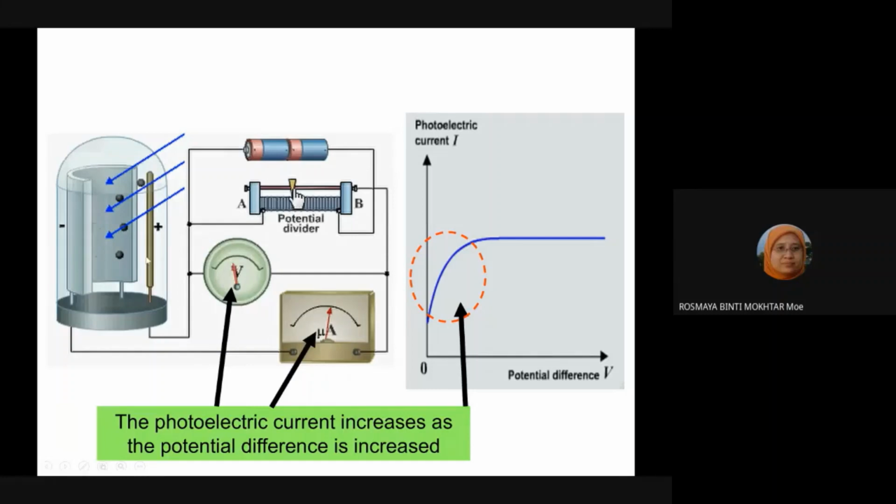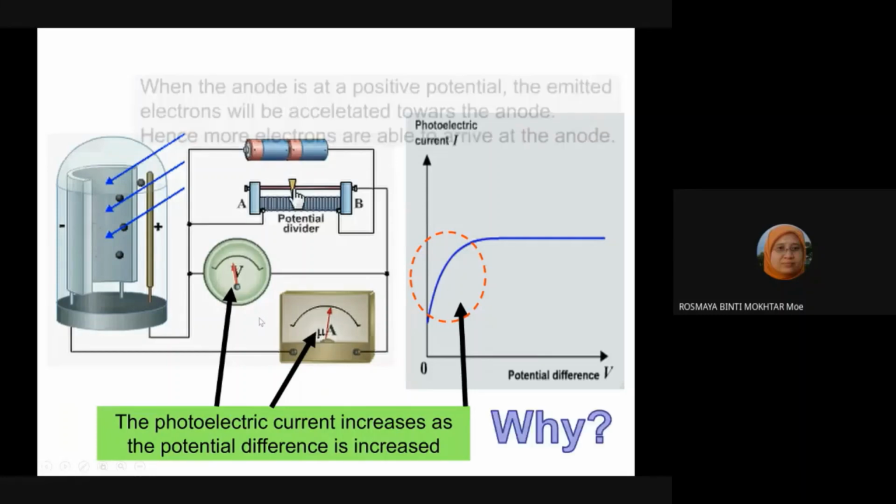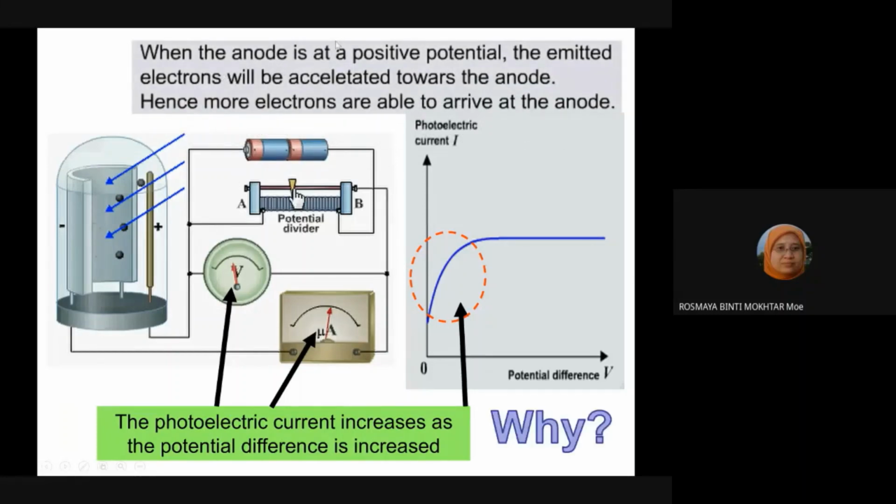So we increase the voltage, and what happens is the photoelectric current increases. So why does this happen? When the anode is at a positive potential here, the emitted electrons will be accelerated towards the anode. Hence more electrons are able to arrive at the anode.